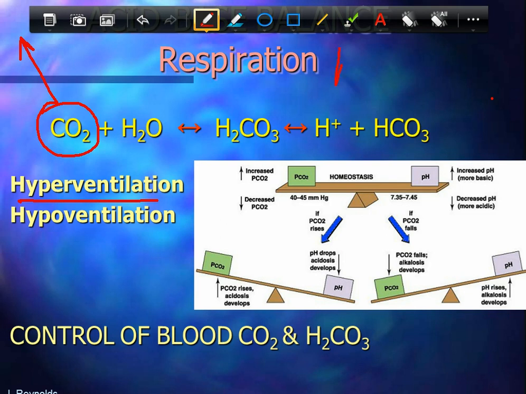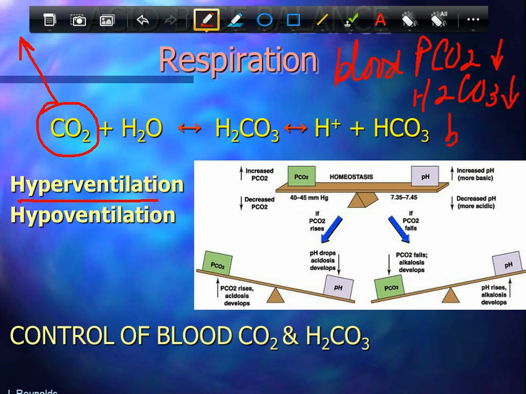And so your blood PCO2 goes down, and your blood carbonic acid goes down, and your blood pH value goes up. So hyperventilation is going to tip you more towards alkalosis.